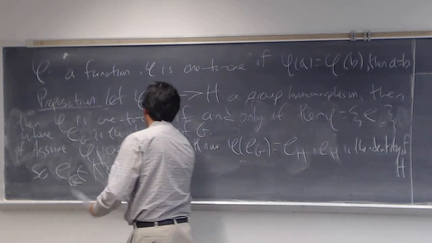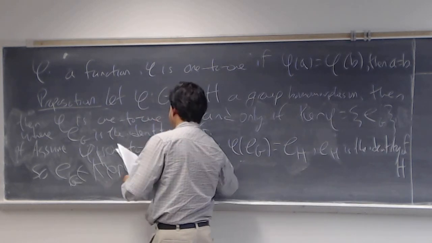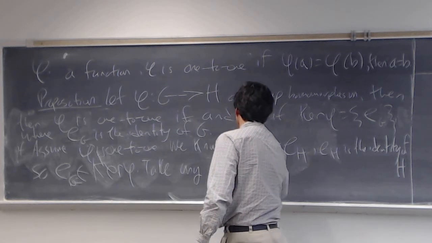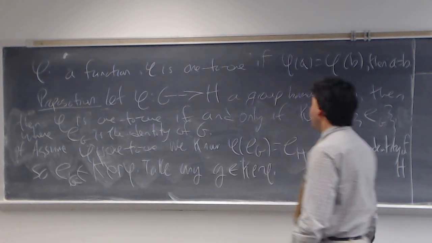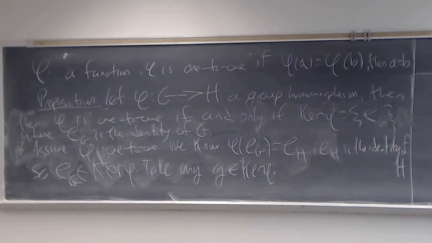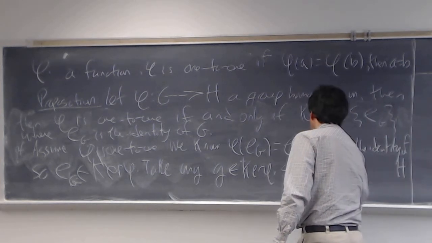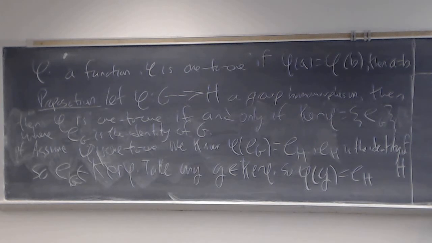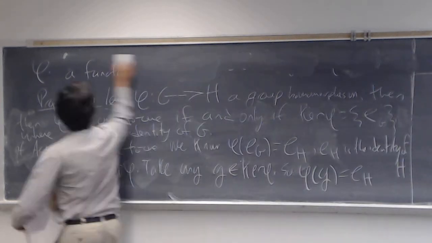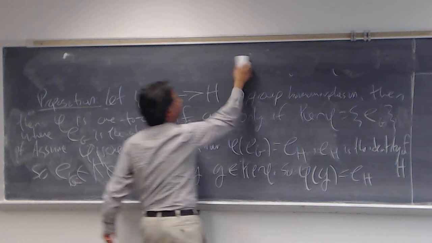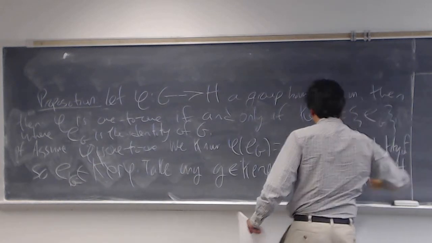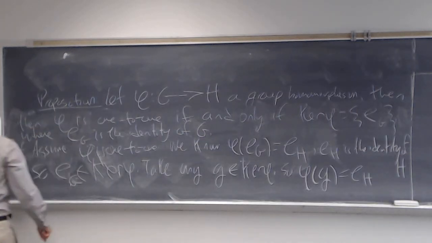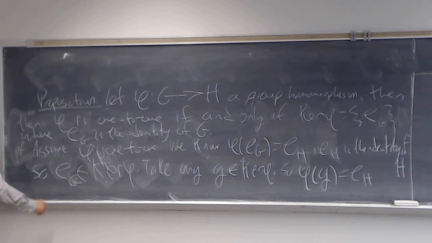So let's take any element g in the kernel. We have that it gets mapped to e_H. But then what does that say?